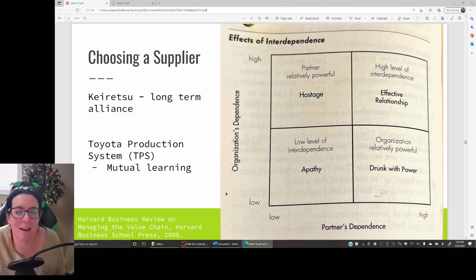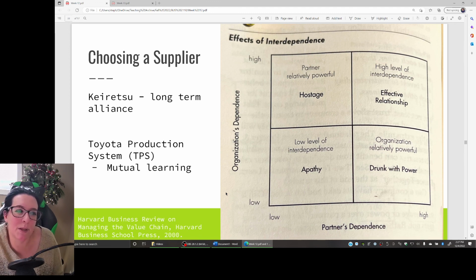Alternatively, if our supplier has high dependence, so maybe we're their only customer, but we are low dependence because we have other companies that we buy from, then that causes us to be drunk with power. So it's really about leverage.